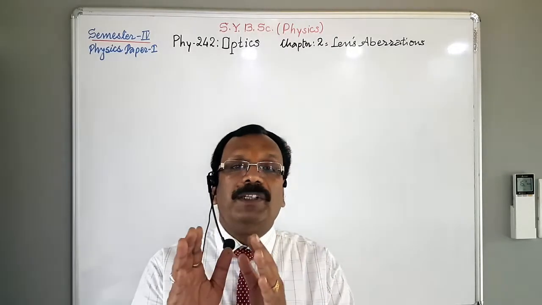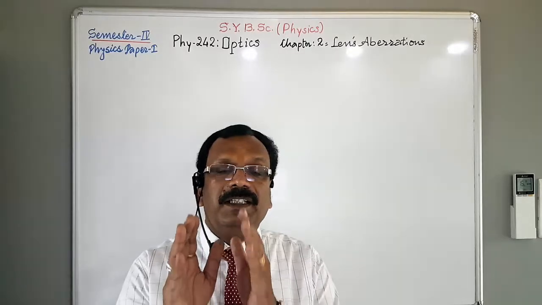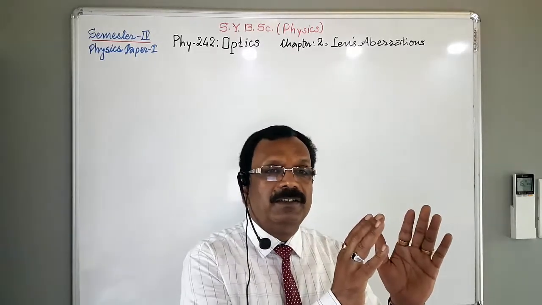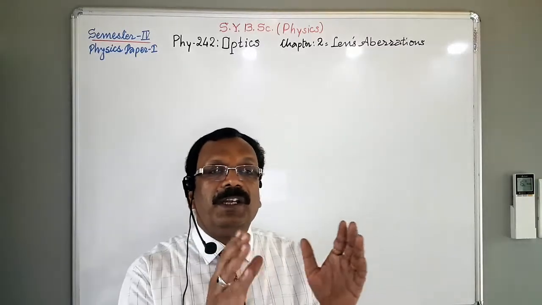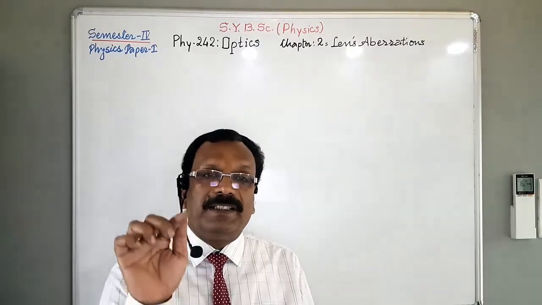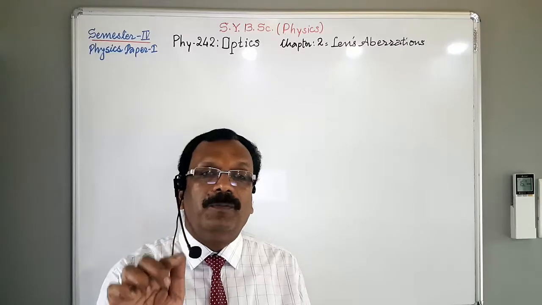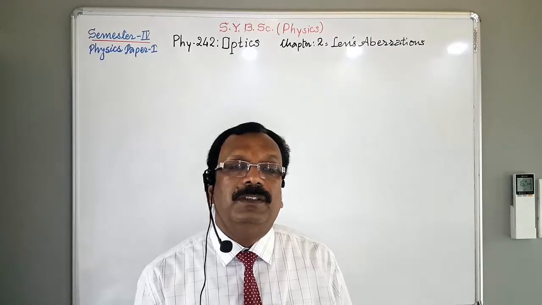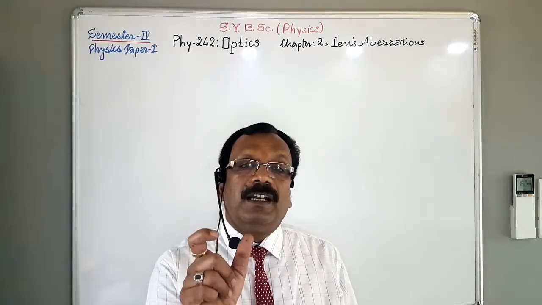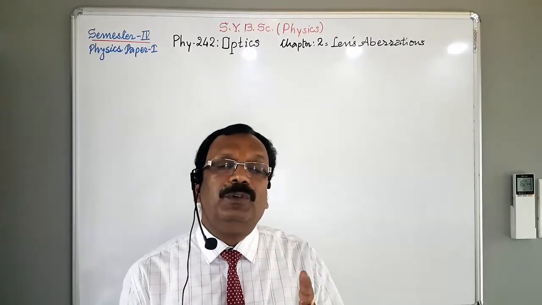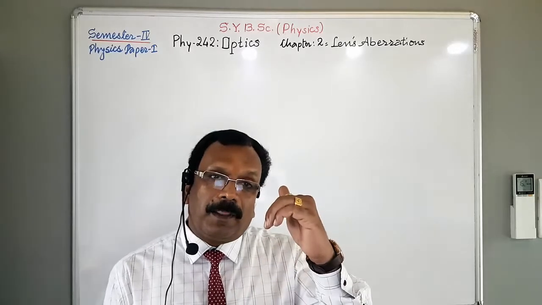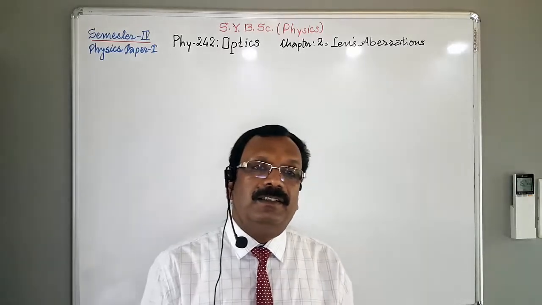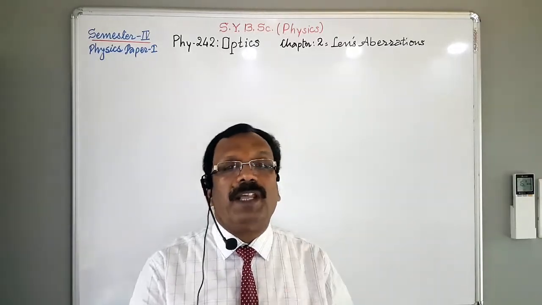And the difference: in spherical aberration, there is no formation of a single point image of the single point object on the principal axis. Instead of getting an image at a single point of the point object O, there are two images, one due to the maximum deviation of marginal rays and another due to the minimum deviation of paraxial rays.